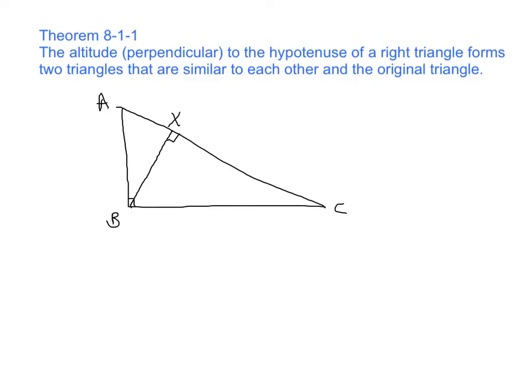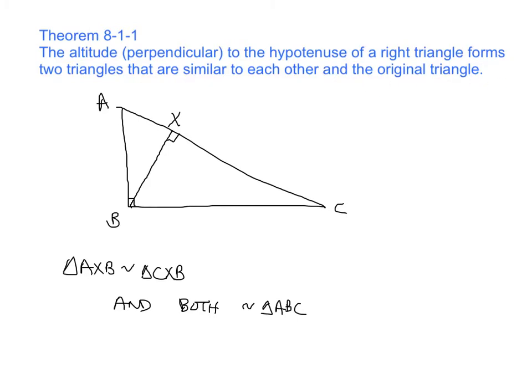So this is the whole point of the theorem: triangle AXB is similar to triangle CXB, and both are similar to triangle ABC. And that last part of the theorem is that they are similar to the original triangle.